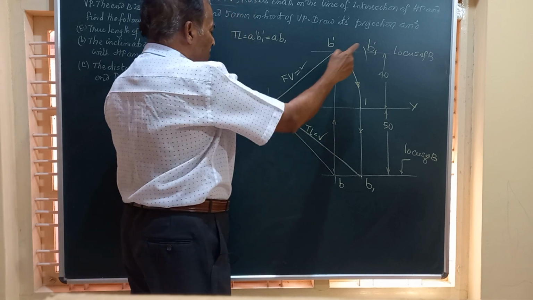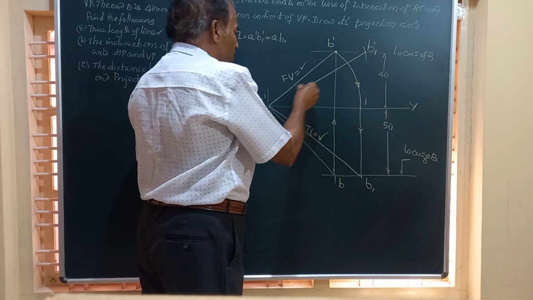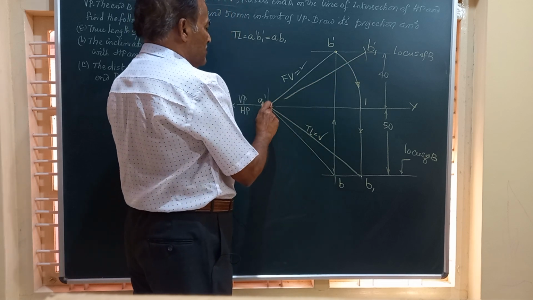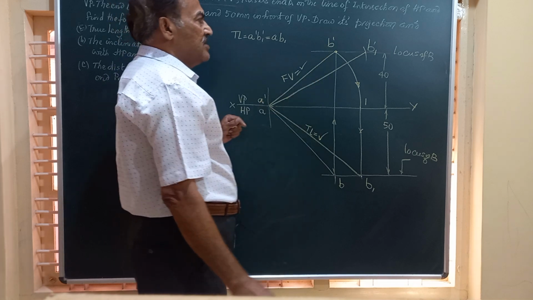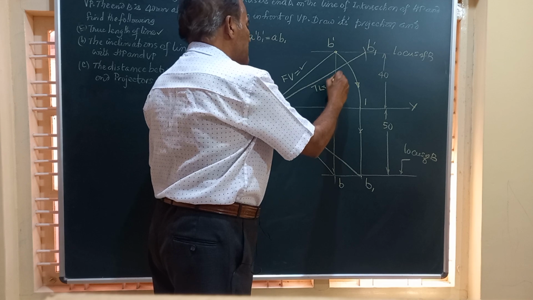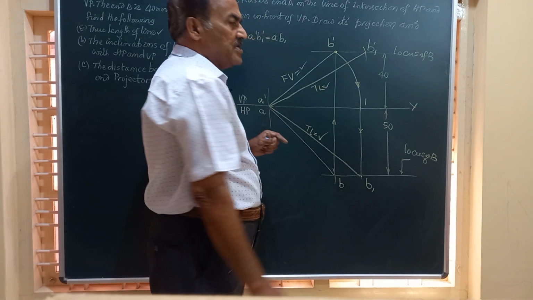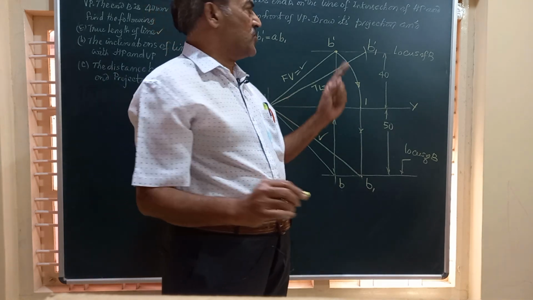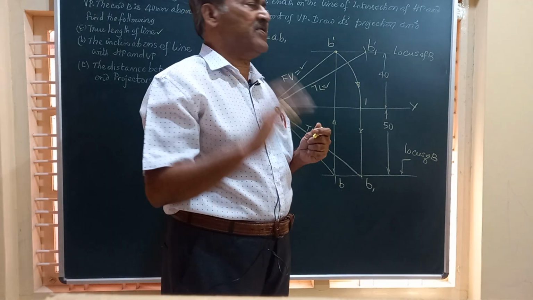This A dash B1 dash will represent the true length of the line. So I am going to join these two. So I have joined A dash and B1 dash. Friends, we have got the true length. Remember, this true length A dash B1 dash and AB1 will have the same length. So we got all the four lines that are required in the projection of a line.